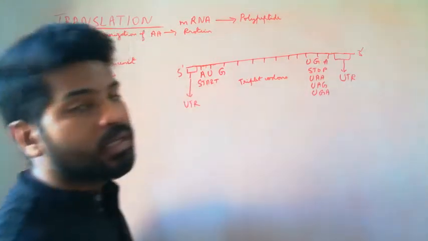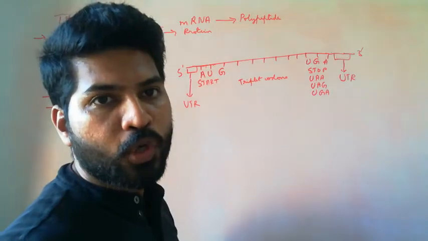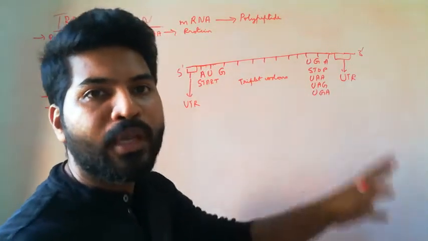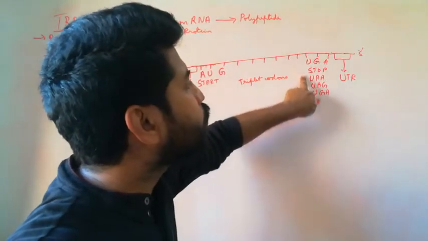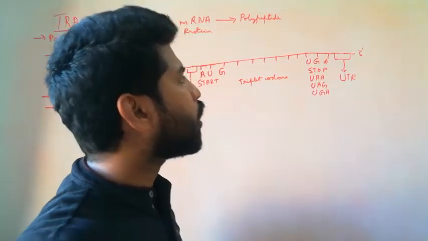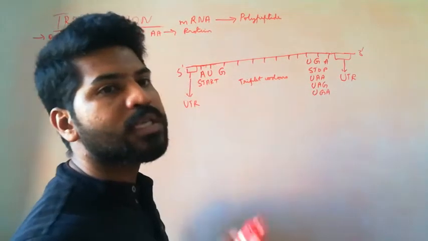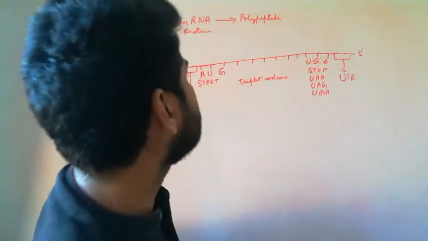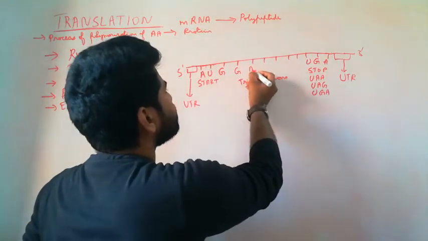So out of the 64 codons, 61 codons will code for amino acids. These three do not code for any amino acid. They function as the stop codon required for stopping the process of translation. So our translation unit is ready.